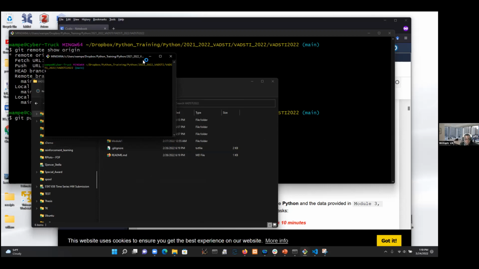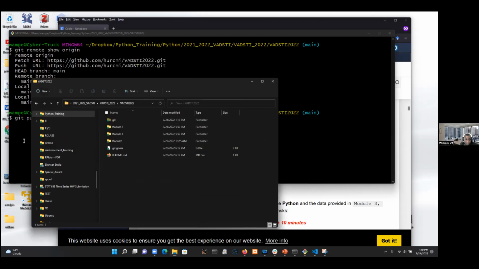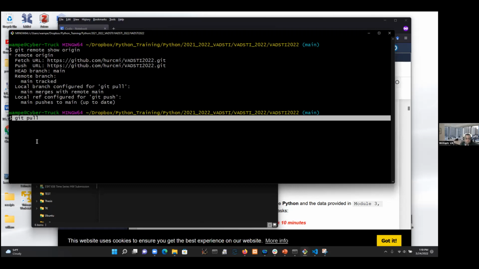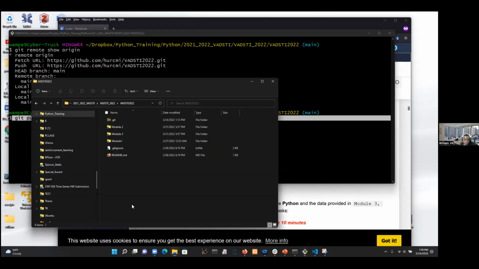Hit on Git bash here, it will give you something similar to this. For me, the fonts are small, so I opened one similar to that, okay? And what you want to do is git pull. I've done modification on my end, so if I try to do a git pull, it's going to give me an error. On your side, you're going to do a git pull. If you do a git pull, you're going to get a folder for mod 3, okay?